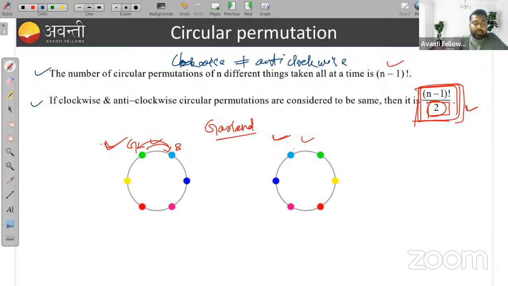But in case of a garland or bracelet, we take clockwise and anti-clockwise directions as the same. But in case of a circle, when we are arranging 5 different boys in a circle, that is (n minus 1) factorial, or 5 minus 1 factorial, 4 factorial ways. Is that clear?